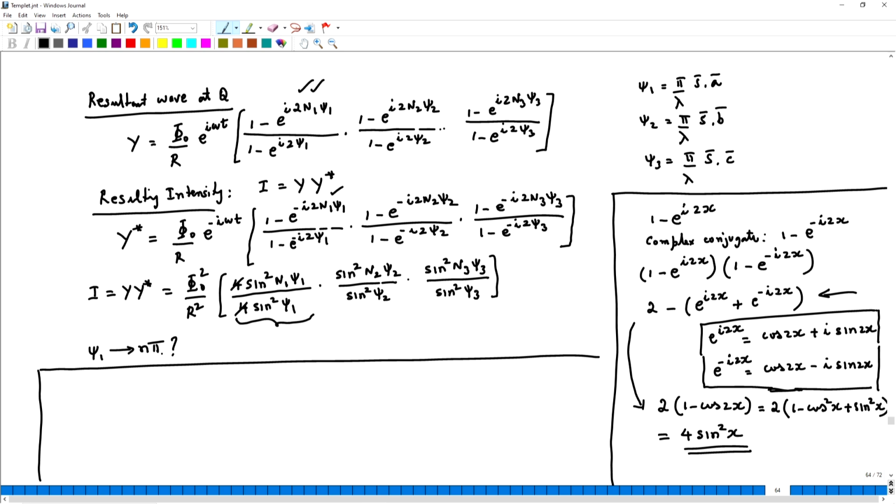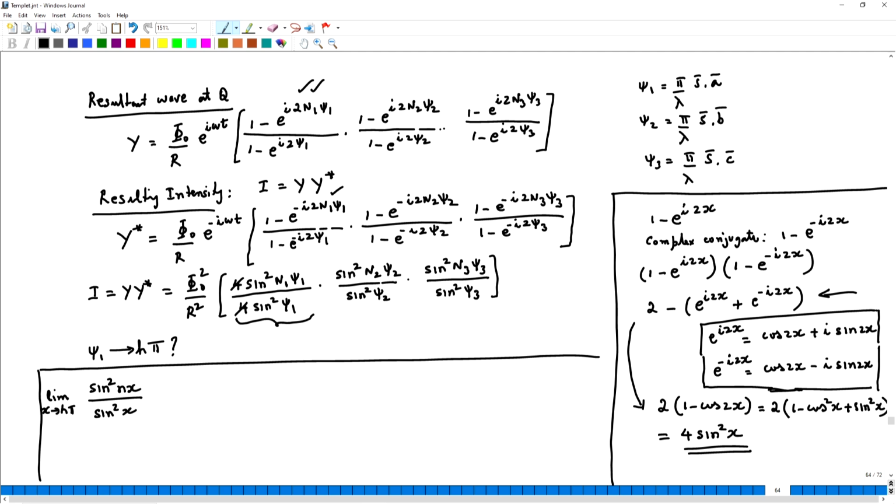Let us say that I have a function sine square nx upon sine square x, and what will be its value when x approaches, let me use some other letter instead of n, let me call this h pi, where h is an integer.